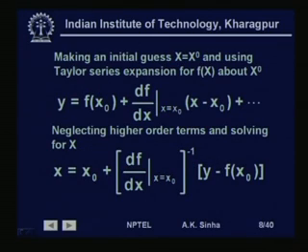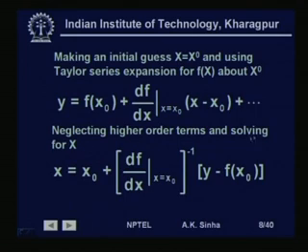Now, making an initial guess x0 and using the Taylor series expansion for f(x) about x0, we can write y equal to f(x0) plus df/dx at x equal to x0 into (x minus x0) plus higher order terms, since we are assuming that our guess is somewhat near to x. The higher order terms are going to be much smaller and can be neglected.